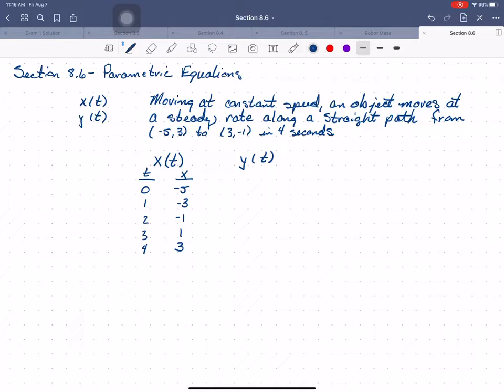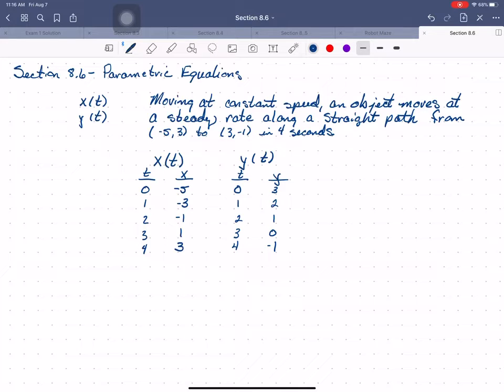And so if I build a table for y, when time is 0, y is 3. And when time is 4, y is -1. So vertically, I'm only moving 1 meter per second, and I'm decreasing.